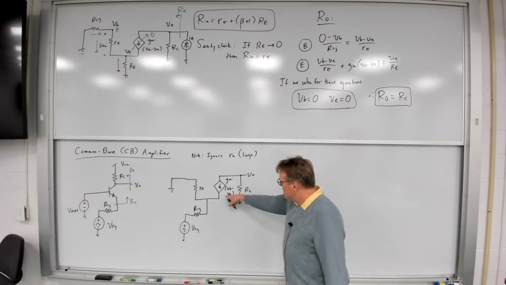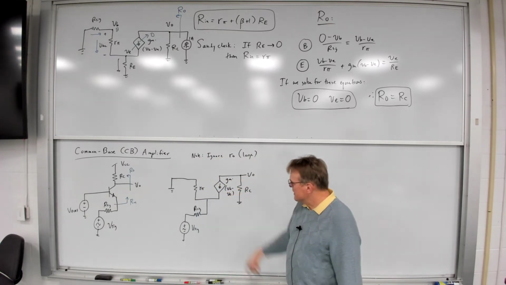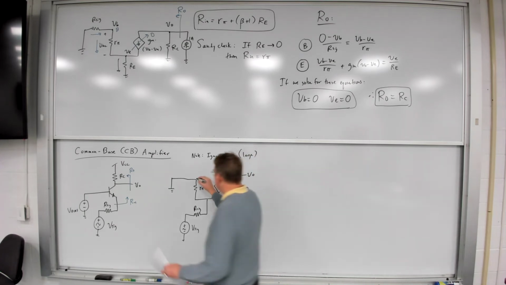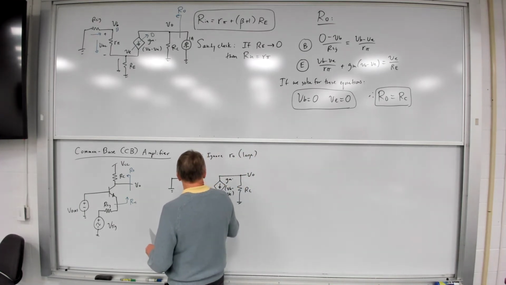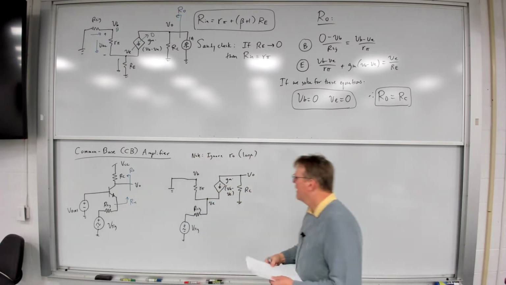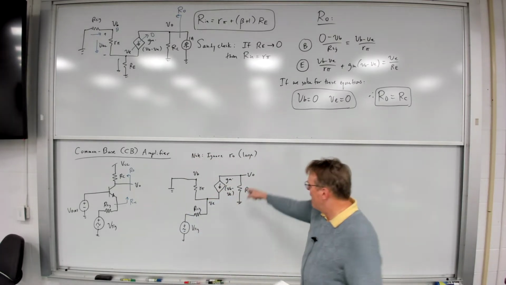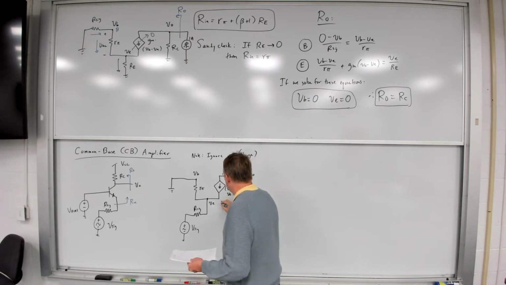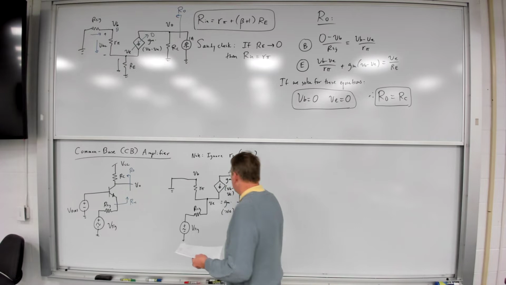So gm times vbe, I'm just decomposing that into VB and VE. Here's VB. Here's VE. And now I can go through. Obviously, VB is equal to 0, so this must be equal to gm times minus VE.